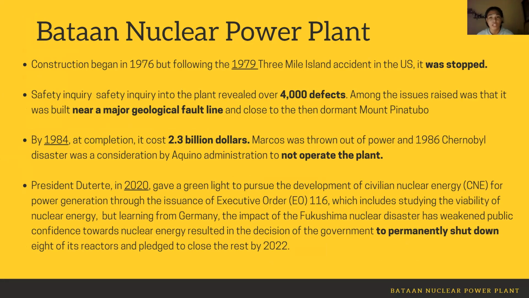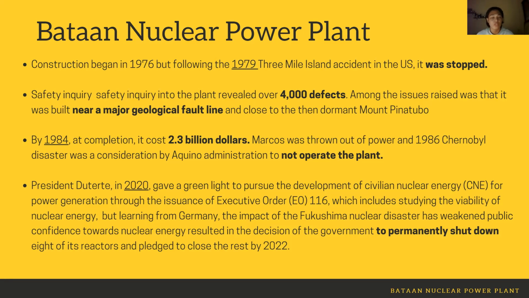Among the issues raised was that it was built near a major geological fault line and close to the then dormant Mount Pinatubo. By 1984, at completion, it cost $2.3 billion. Marcos was thrown out of power in 1986, and the Chernobyl disaster was a consideration by the Aquino administration to not operate the plant.